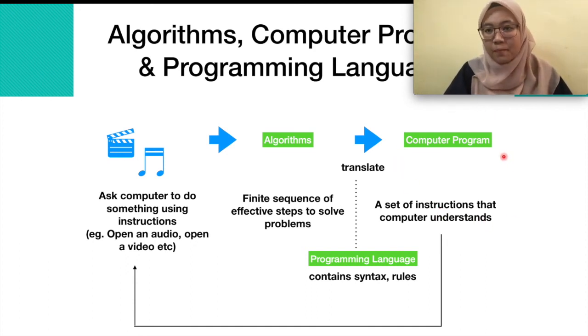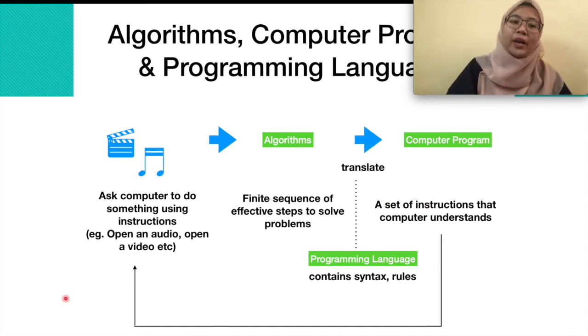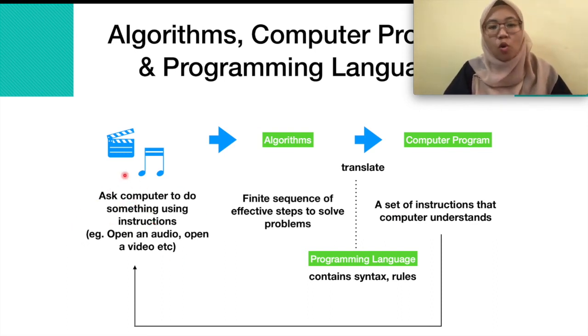A computer program is a set of instructions that a computer can understand. So now we can go back to doing things that we want a computer to do, for example, open an audio, open a video, and so on. Next, in the next lesson, I'm going to explain what a computer program and programming languages are.